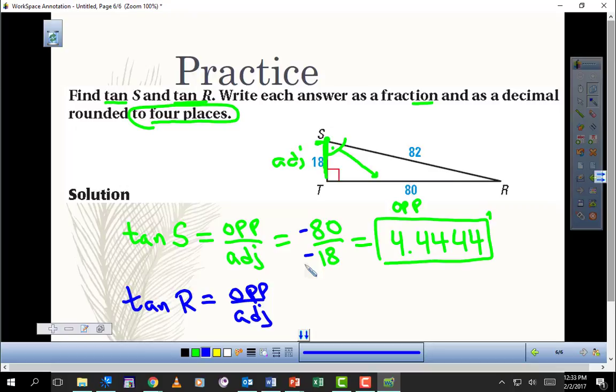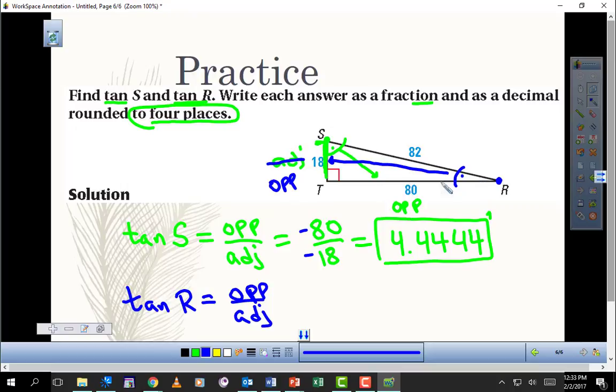I can't because now I'm dealing with this angle over here. And this angle is looking at which side over here? It's looking at the opposite side over here. So from R's perspective, that is not the adjacent side. That's the opposite side over there.